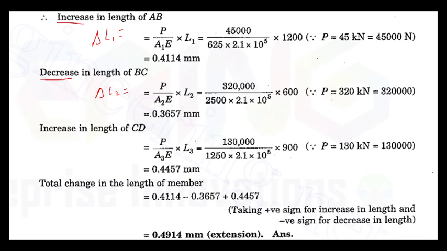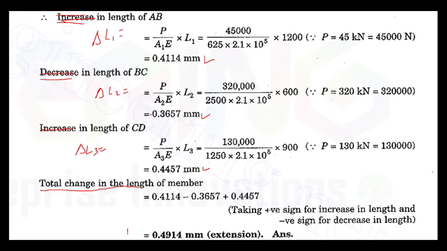You don't have to write increase or decrease, just change is sufficient. Change in length 3 is written by this formula. Put all the values, solve in the calculator, and you will get the three values del 1, del 2 and del 3. For total change, add all three values, plus minus plus, because the second value is coming negative.